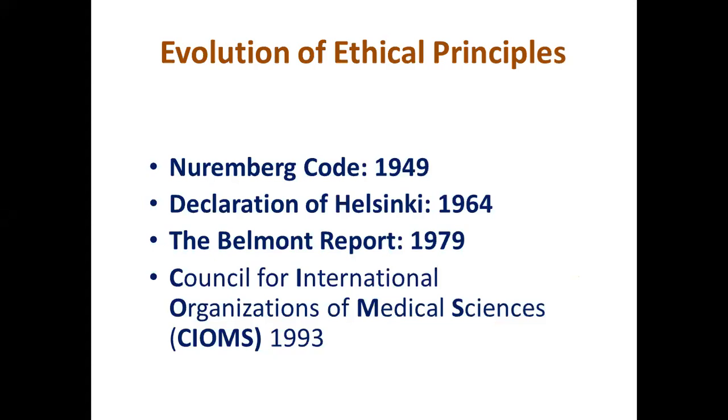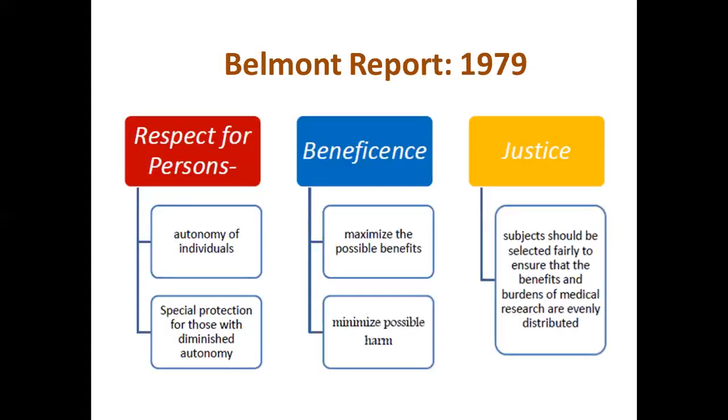The first principle of this report was respect for persons. That means it acknowledged the dignity and freedom of every person, and it requires obtaining informed consent from research subjects. That was emphasized there.